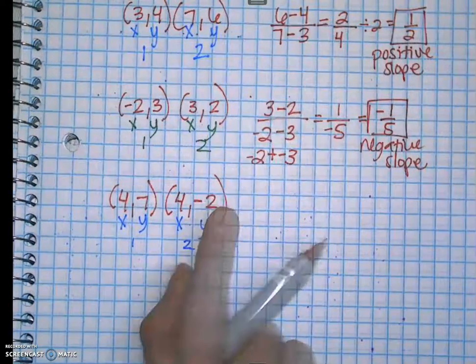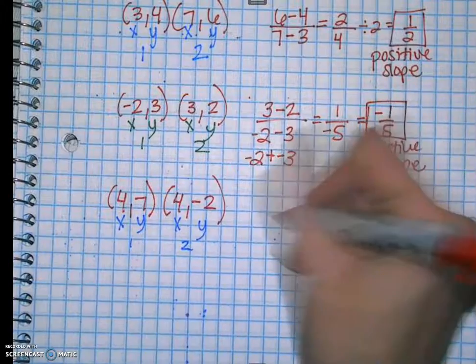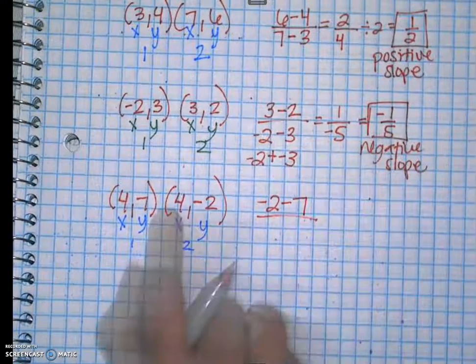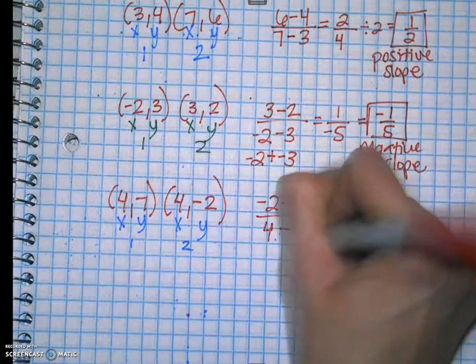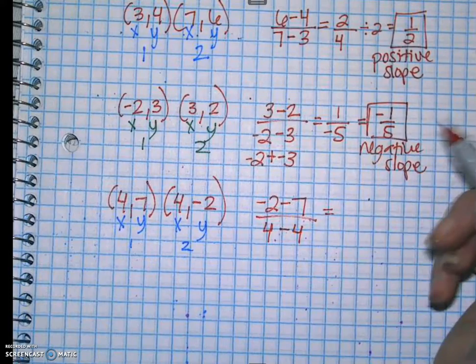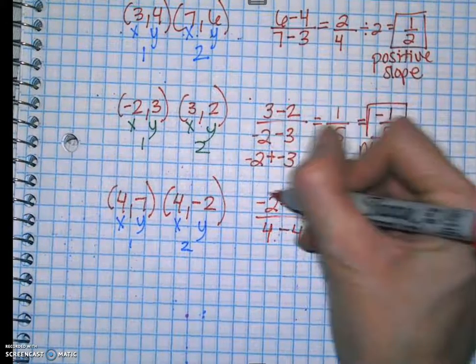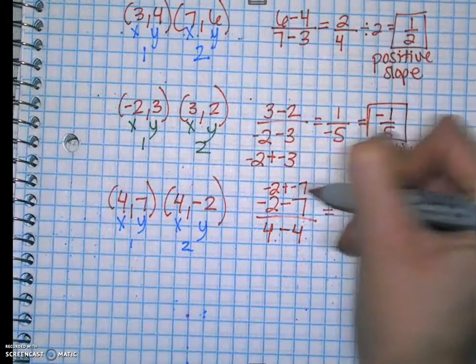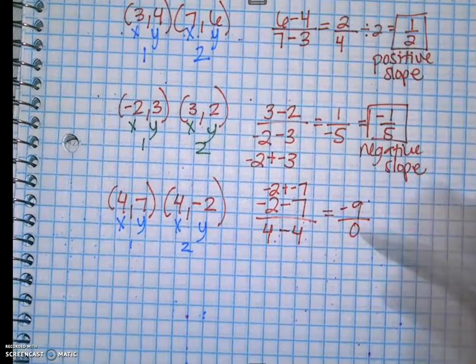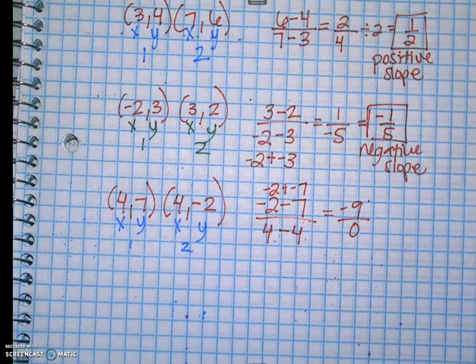So y minus y, again, it doesn't really matter. I'm going to start with negative 2. So negative 2 minus 7 over 4 minus 4. Okay? Well, negative 2 minus 7, again, you could keep change. This is the same thing as saying negative 2 plus negative 7. That's negative 9. And 4 minus 4 is 0. Right here, you should know your answer is absolutely not 0.